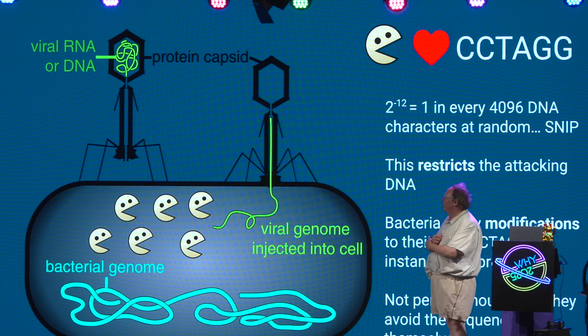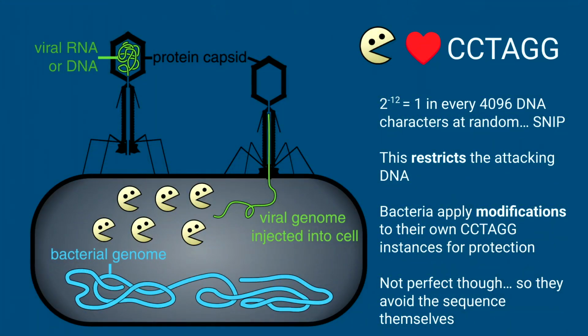It actually has little enzymes in there, denoted here by these Pac-Man icons, that know that there are specific DNA sequences which are the enemy. And this little Pac-Man guy knows that he should destroy CCT-AGG.